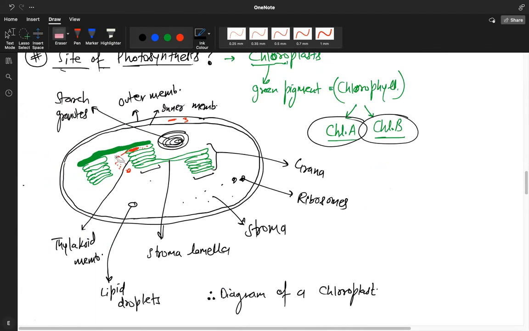Oxygen is released from the lumen to the outer side of the membrane, from where it can be released out of the chloroplast and ultimately out of the plant cell.